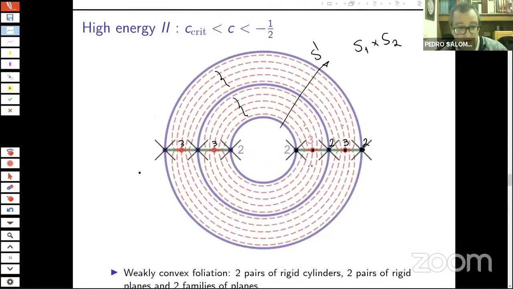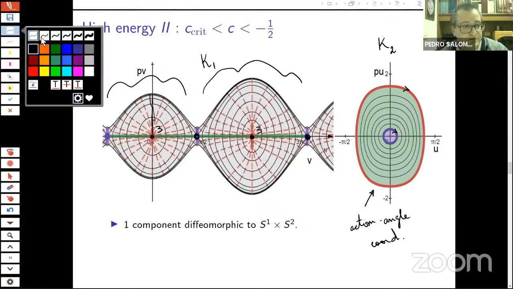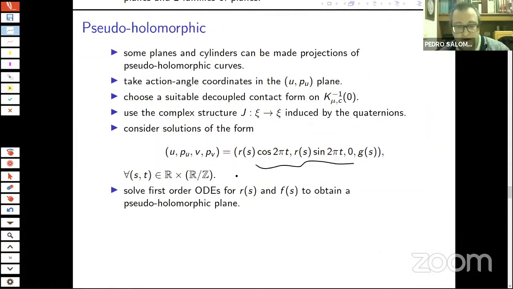In fact, we solve this one here. We solve the green ones, and we also solve these purple curves. Okay, so that's the main idea.